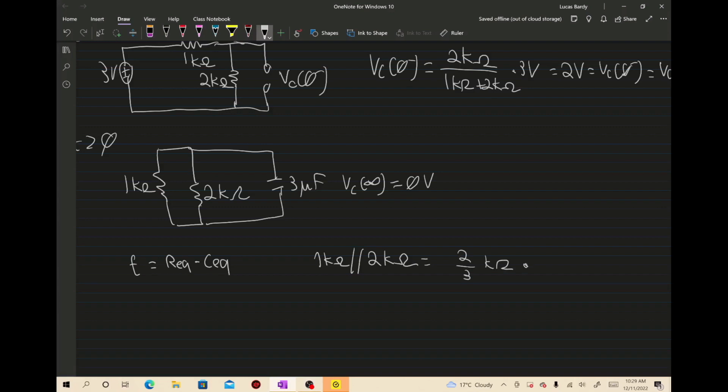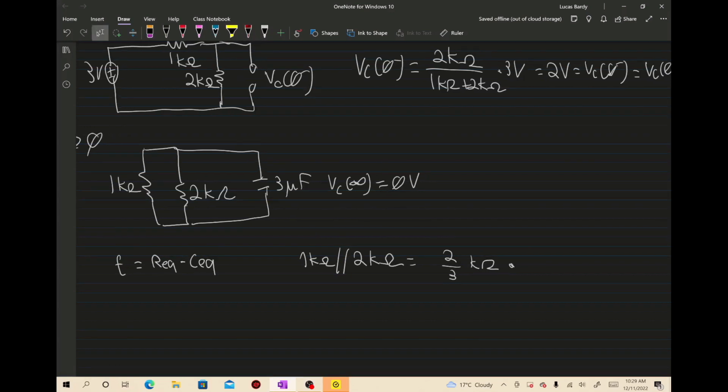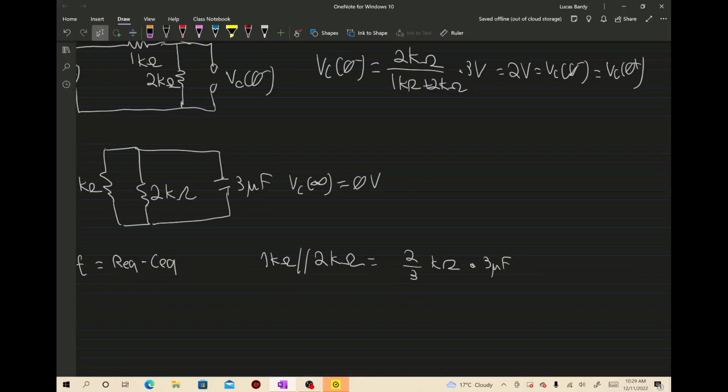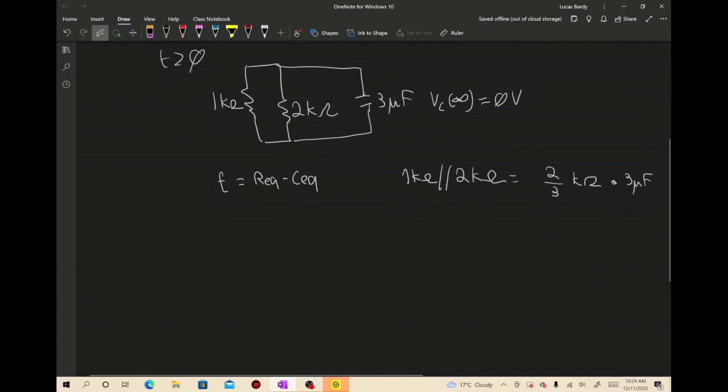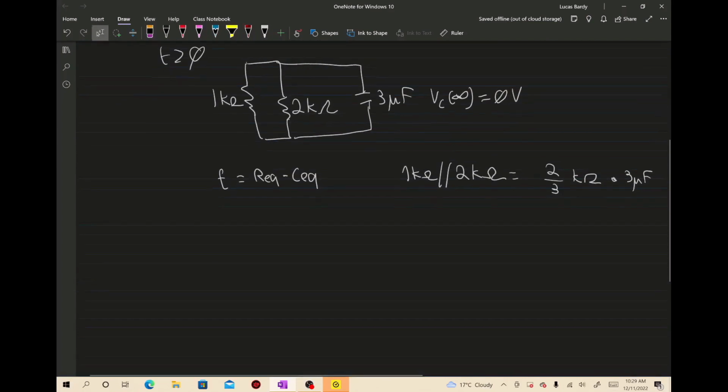Then we can multiply that by 3 nanofarads, do a little bit of math with the calculator to deal with the nano and the kilo, and that'll give us a tau equal to 0.002.